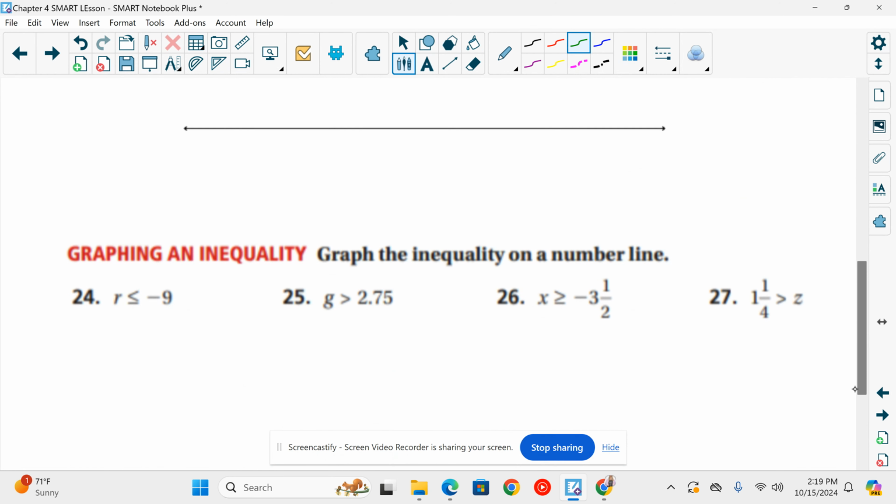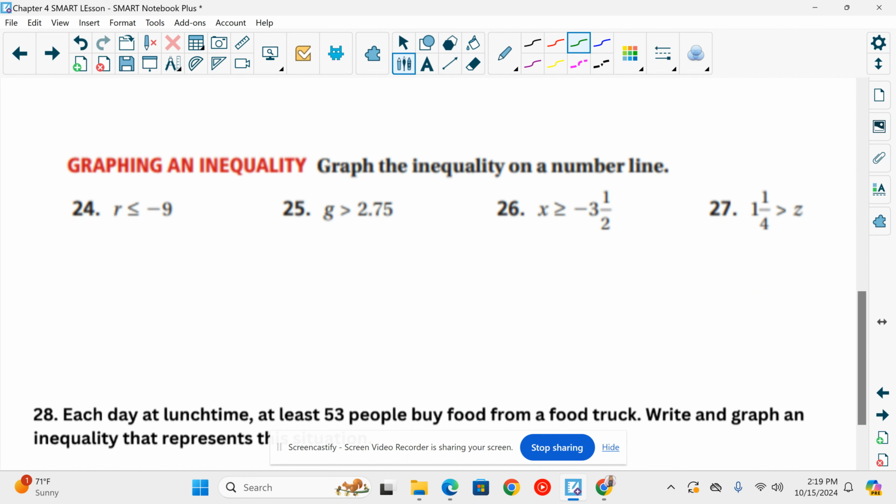So you can come and graph these, like here, example number 24. If I have the number line and I'm at -9, looking at my symbol for number 24, is it open circle or closed circle? Closed. What tells me it's closed? The line under it. What direction is it going to point? To the left.